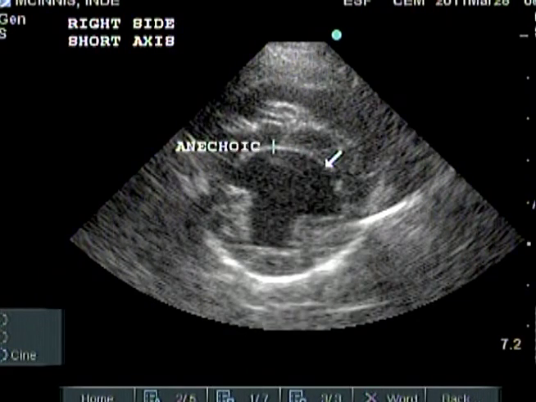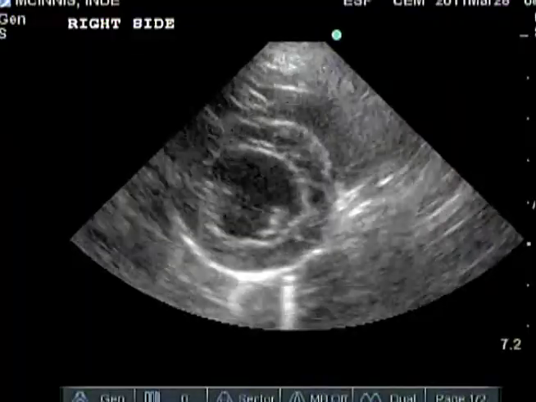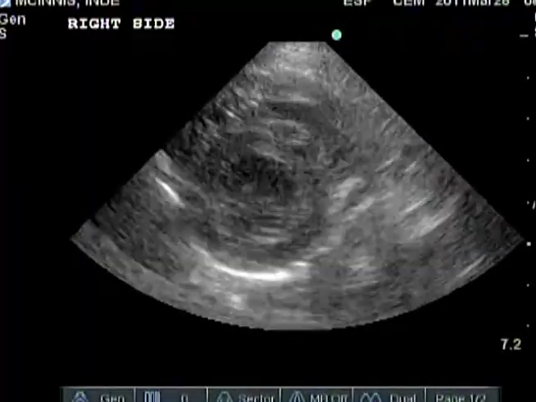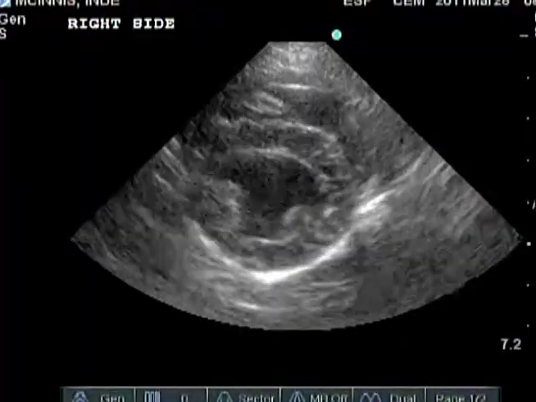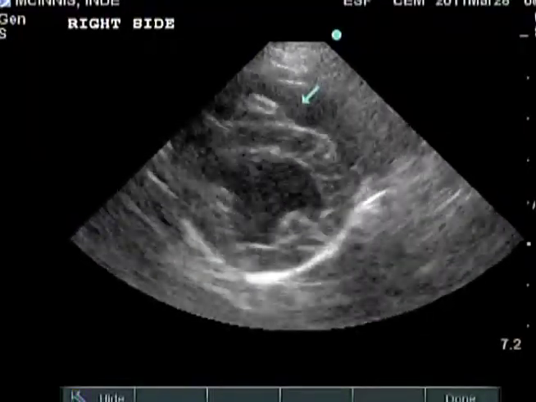The ventricular chambers are filled with blood and should be anechoic or pure black. Anechoic means no ultrasound return or no echogenicity. Because of the various echogenicities, there is often artifact in the cardiac chambers.